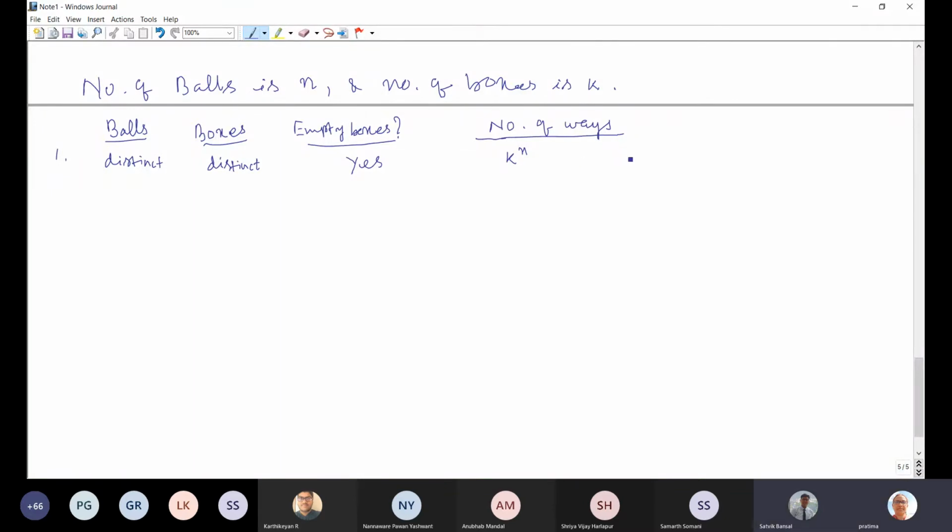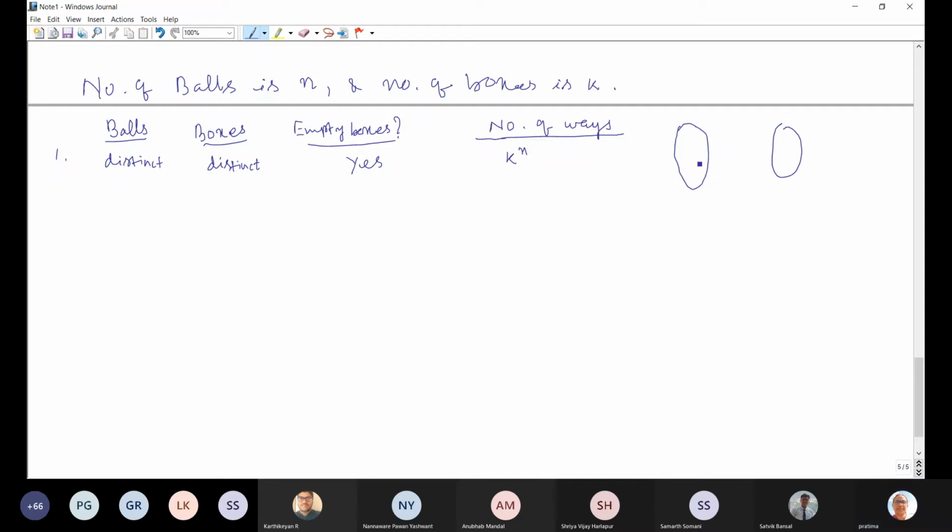Yes. See, look. You can also think of this problem in this way, which will also be easy for you. This is the same as the number of functions. You might have done this problem: suppose I have a set x and a set y.